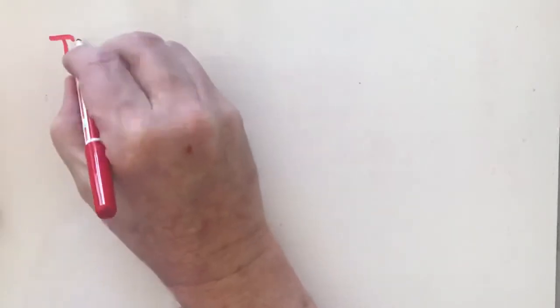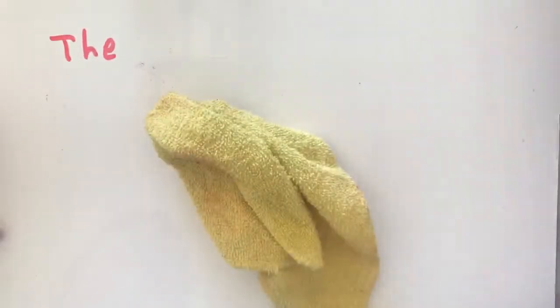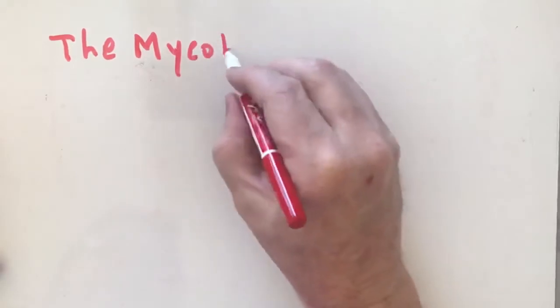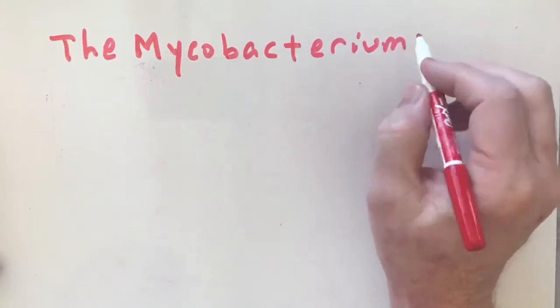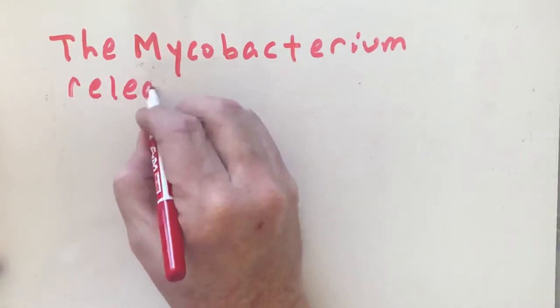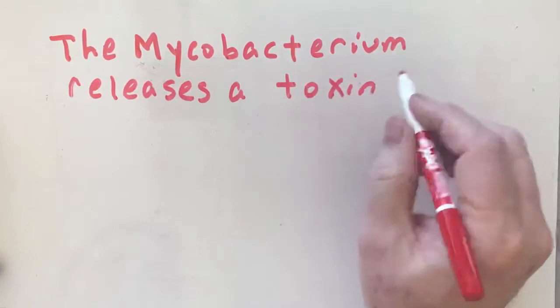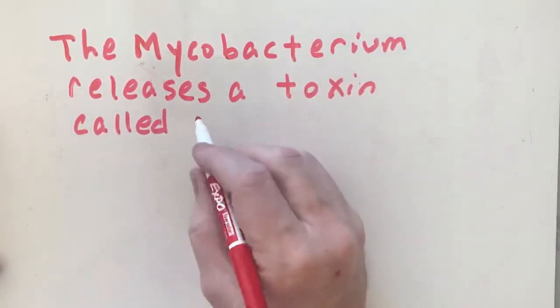Okay, so what's going to happen though is eventually the Mycobacterium releases a toxin. And the toxin is called mycolactone.